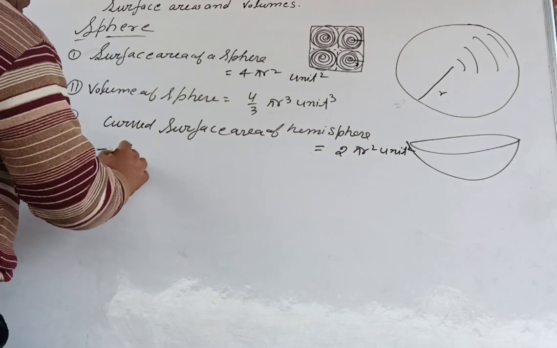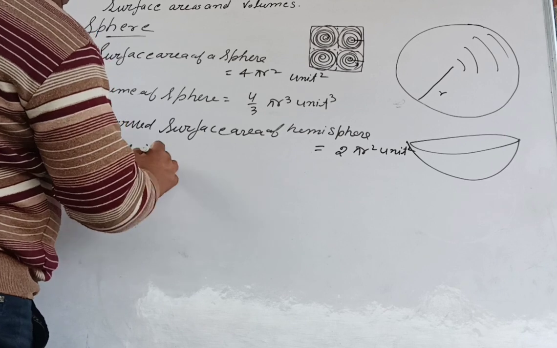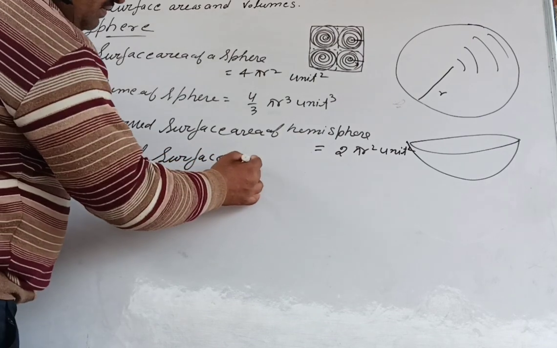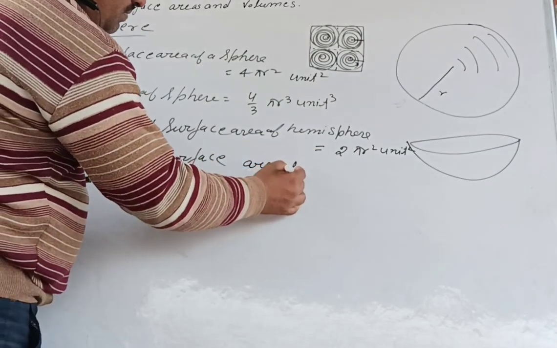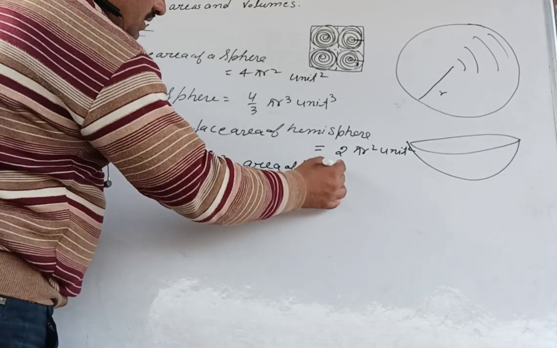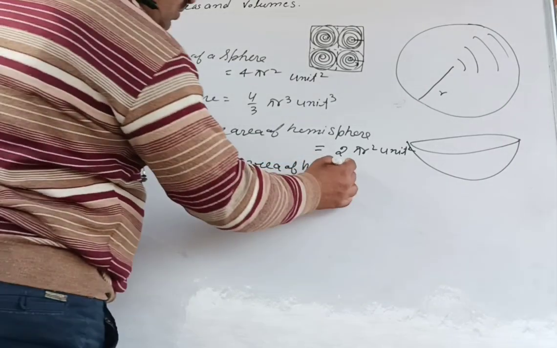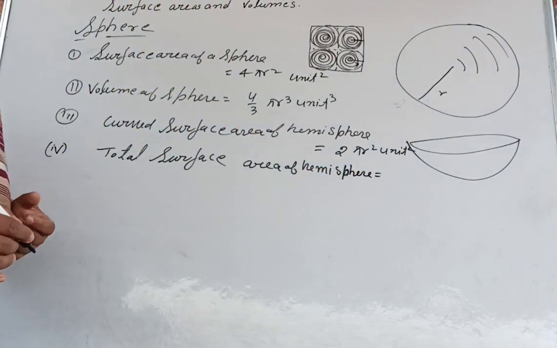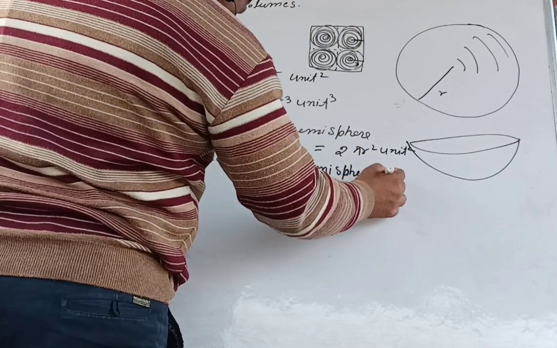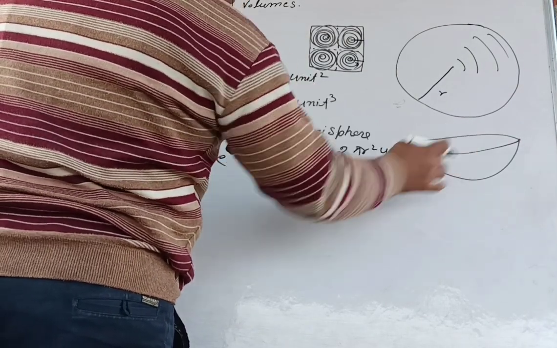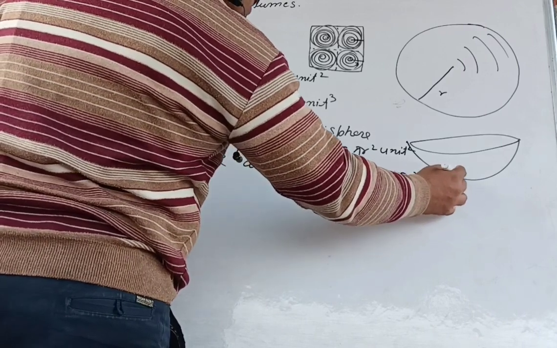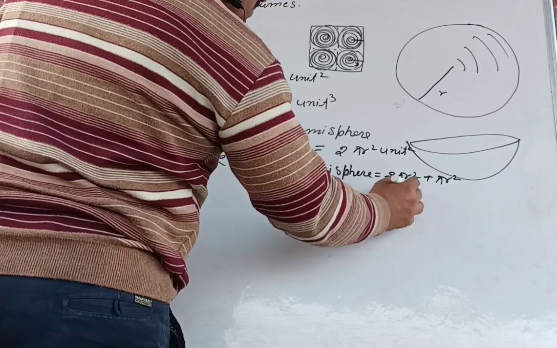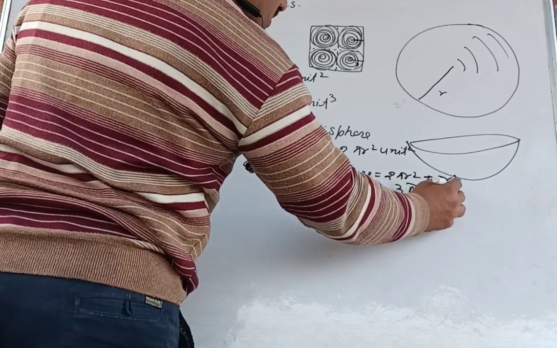Total surface area of hemisphere is equal to 2 pi r square plus area of circular surface pi r square, which is equal to 3 pi r square unit square.